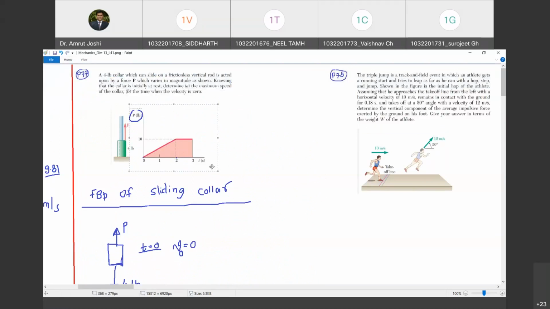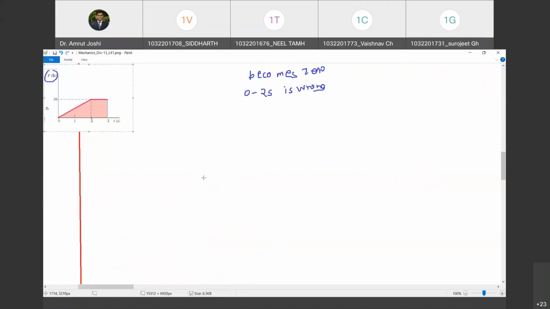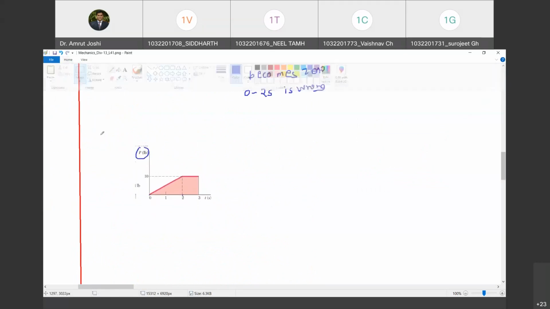So now let me take this down once again. So second assumption now. So now velocity becomes 0 between 2 to 3, for t1 greater than 2 seconds but less than 3 seconds.